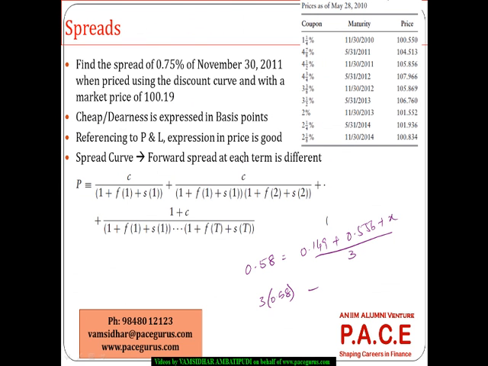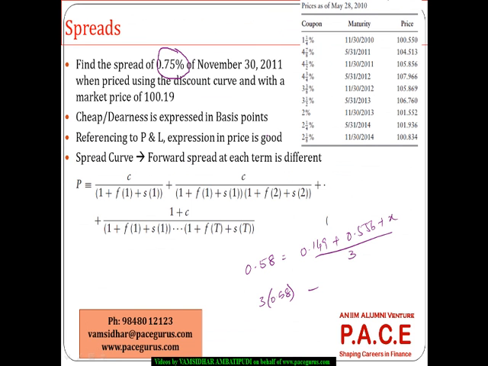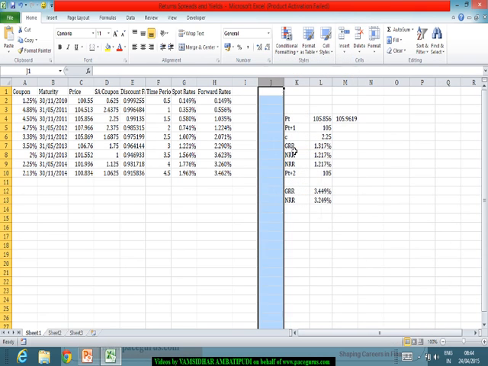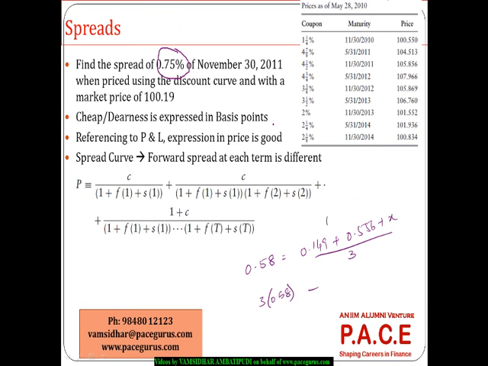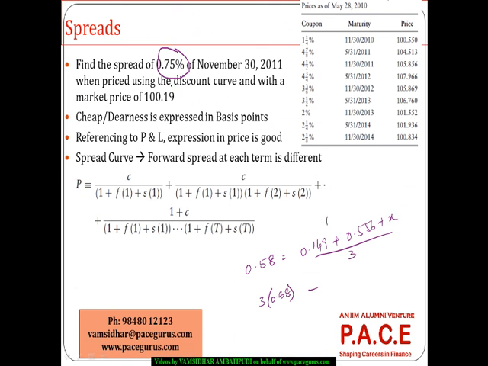Now, if I have to go ahead in terms of pricing this particular bond, which is paying 0.75%, it means 0.375 is paid every 6 months, and on maturity 100.375 is being paid, because this is maturing on November 30th 2011.